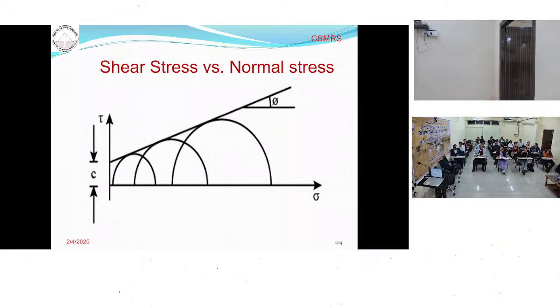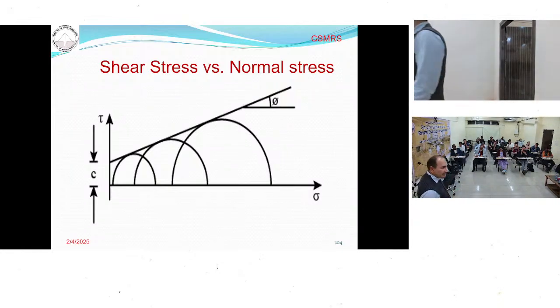This is your failure envelope. If you take two and one is wrong, you cannot say. But with three, you can say, okay, my second test result is not okay, I have to test it again. So at least three specimens should be tested.